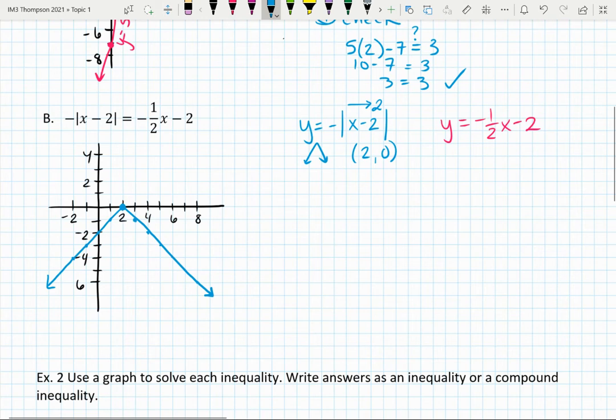Give yourself a chance to practice graphing. So make sure you have your y-intercept of negative 2.